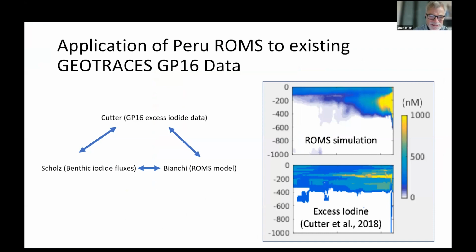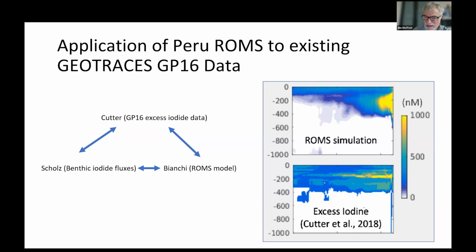This represents an interaction between data sets generated by Greg Cutter on the GEOTRACES GP16 cruise, looking at excess iodide, which accumulates in the water column as a result of high benthic fluxes; Florian Schütz from GEOMAR in Germany, who actually measured benthic iodide fluxes on the Peruvian shelf; and Daniele, who with his postdoc Simone Yang applied the model that I just showed you to the offshore transport of excess iodine.